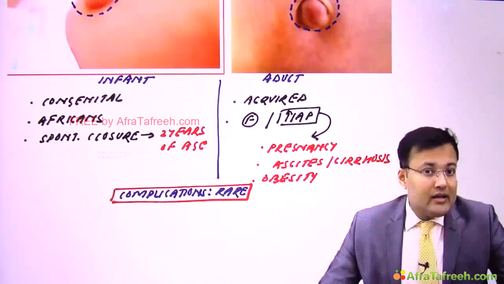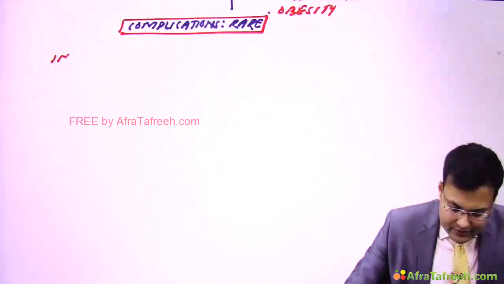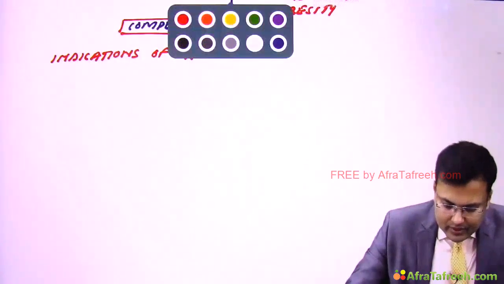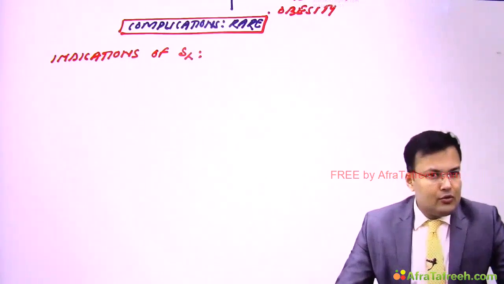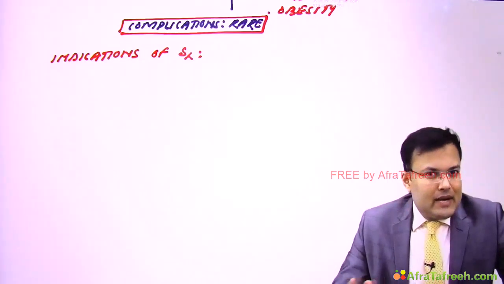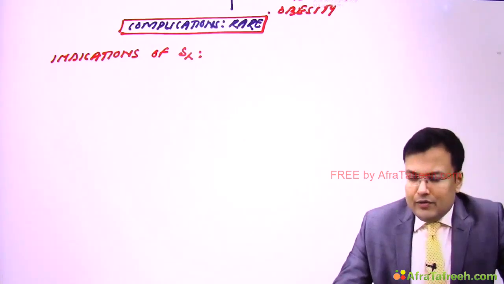Okay. Now see, in all patients surgery is not required. So what are the indications of surgery in patients of umbilical hernia? Generally we are supposed to wait for 5 years, maximum 5 years. We discussed that by 2 years usually spontaneous closure occurs. So maximum we are going to wait for 5 years.